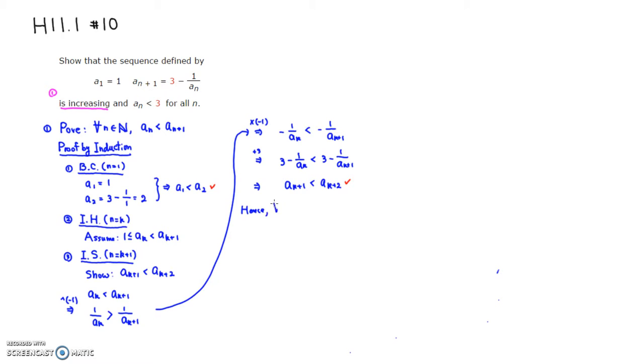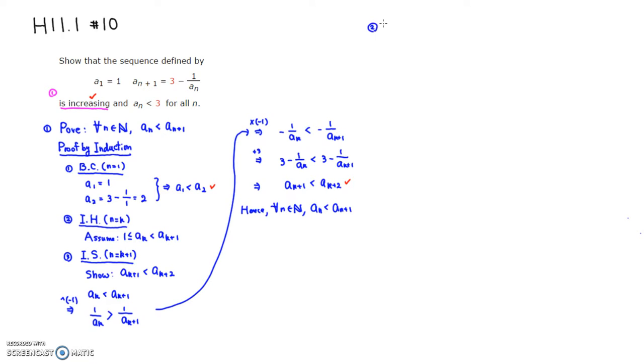Therefore, hence, we have for all natural numbers n, a_n is always less than a_(n+1). So this shows that the sequence is increasing. Now we need to show number 2.